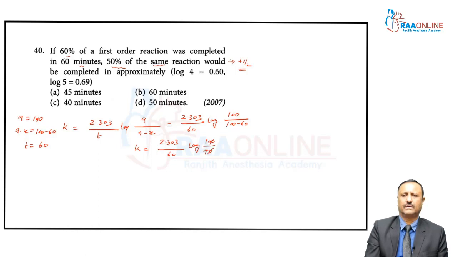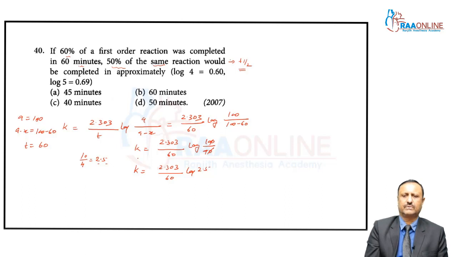It means this is log 10 upon 4, and my dear students, log 10 upon 4 means log 2.5. 10 upon 4 is 2.5. So log 2 is equal to 0.3010 and 0.5 is extra, so you get more than 0.3010.